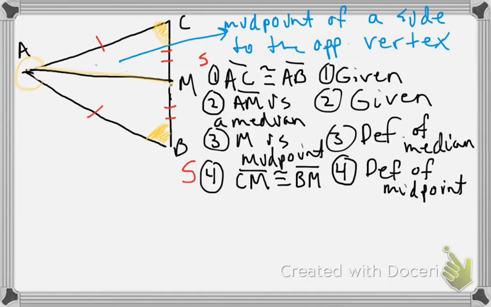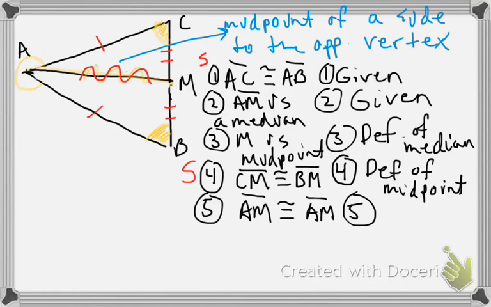So what we're going to say is, let's use this right here. It's shared by itself. Well, for sure we know that's true, so let's use what's most certain, not try to guess. And we'll say AM is congruent to AM.